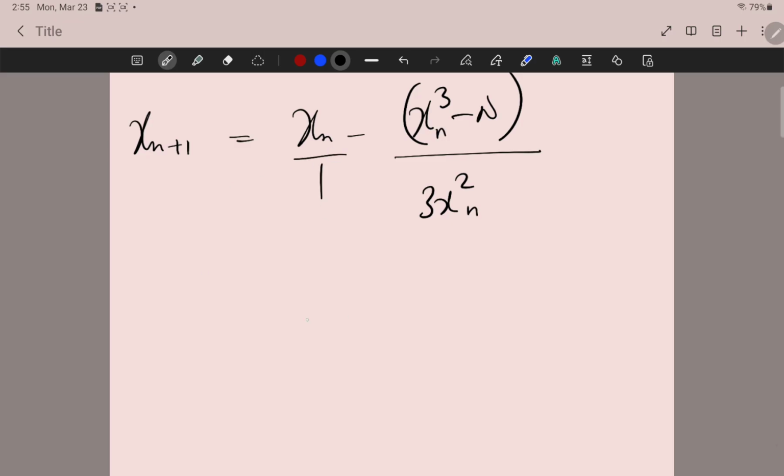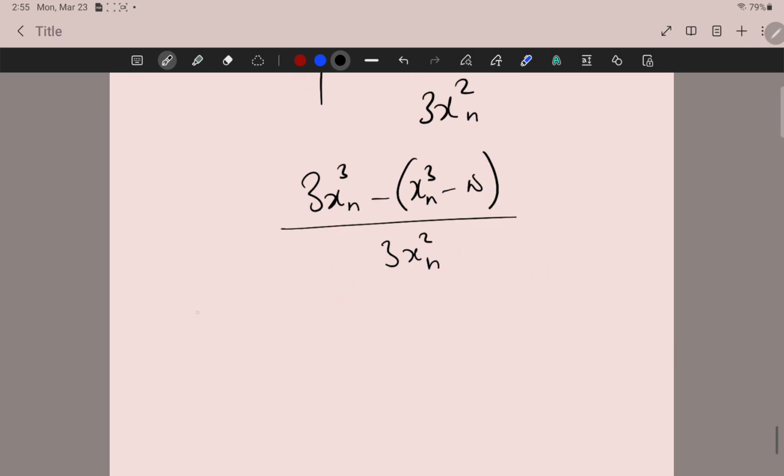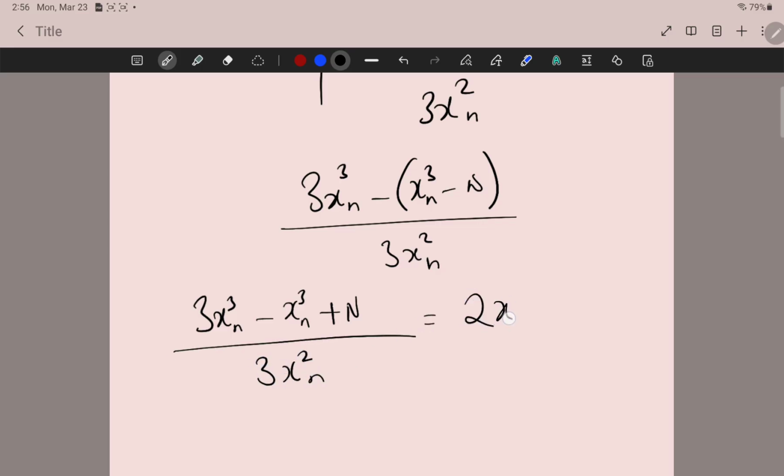So find the LCM: 3x squared n times this one is x cubed, minus 1 in 3 in 3, that's 1 now. This is 2x cubed n plus n divided by 3x squared n.